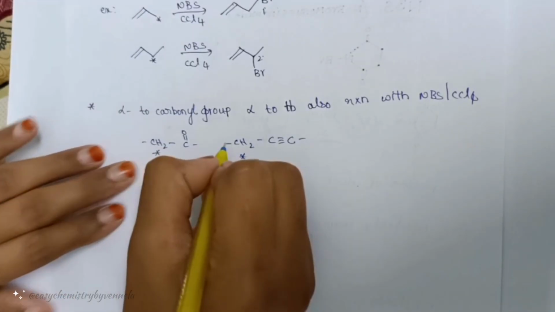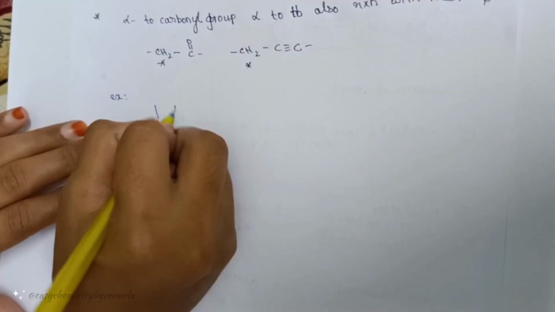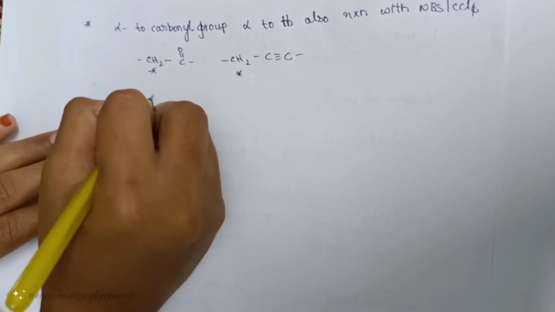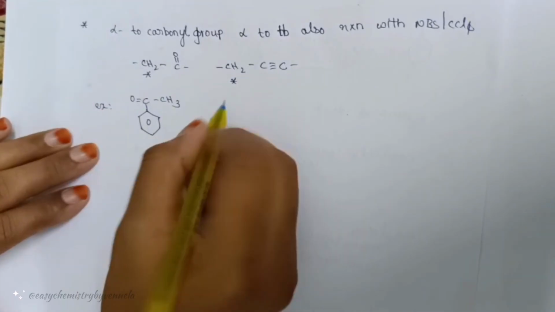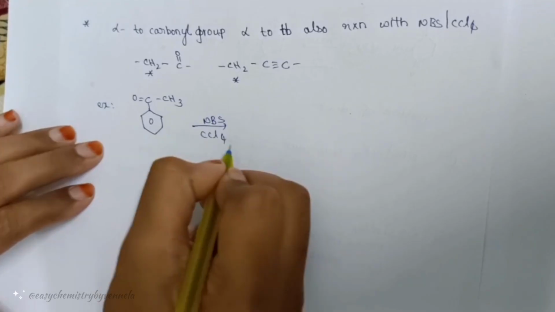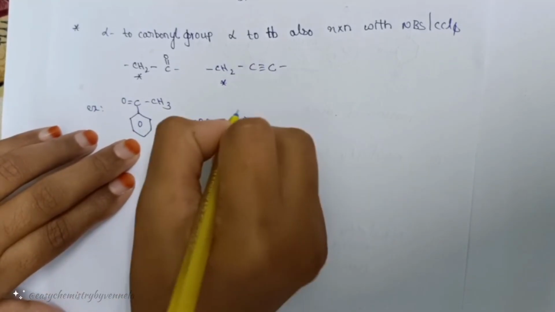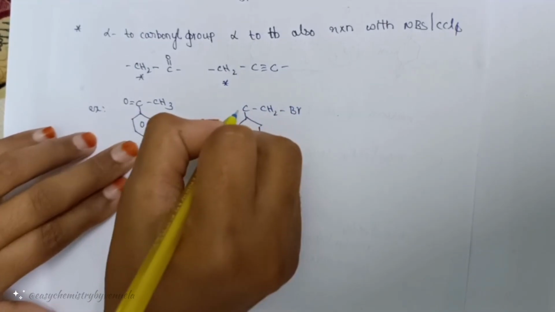Here the position of bromine. Example, NBS, CCl4. Bromine attacks here.